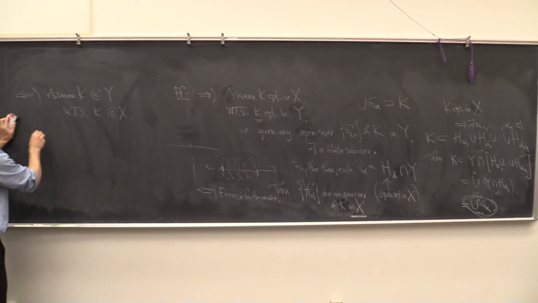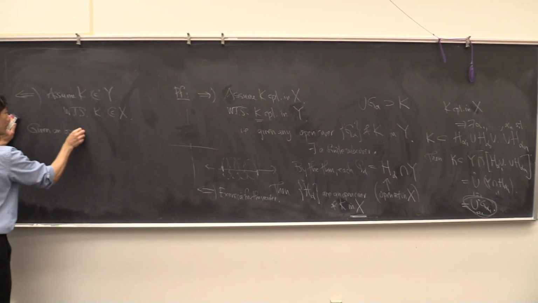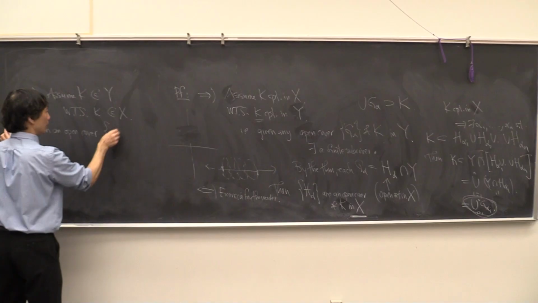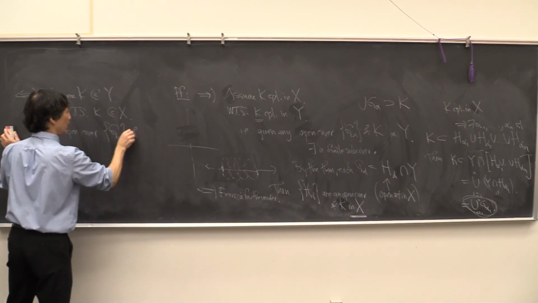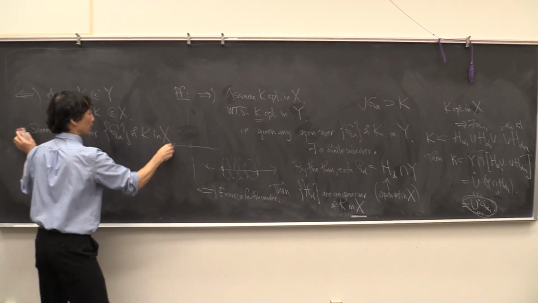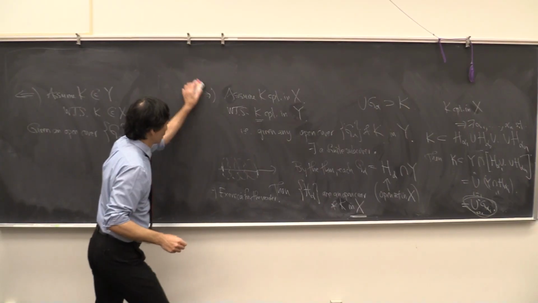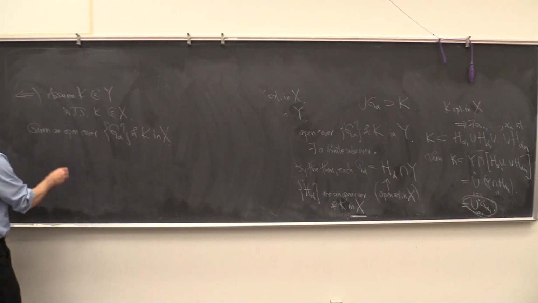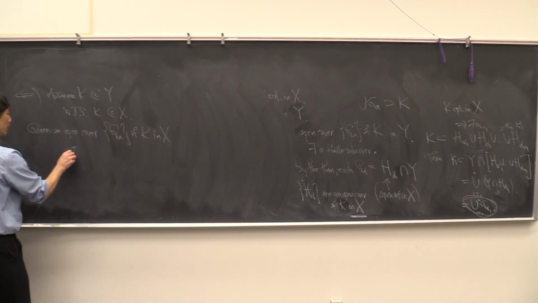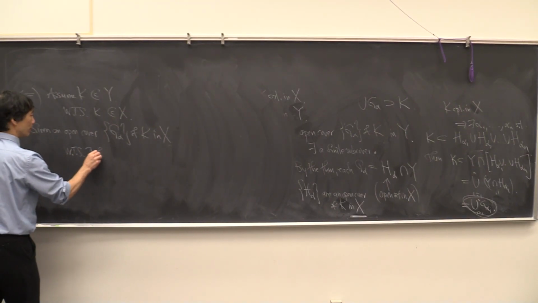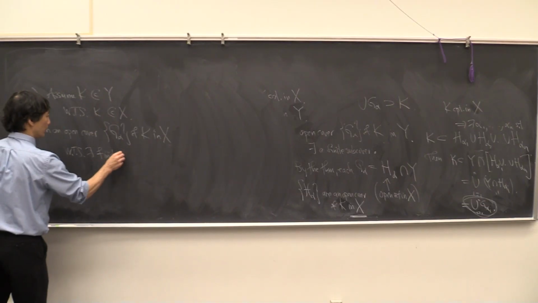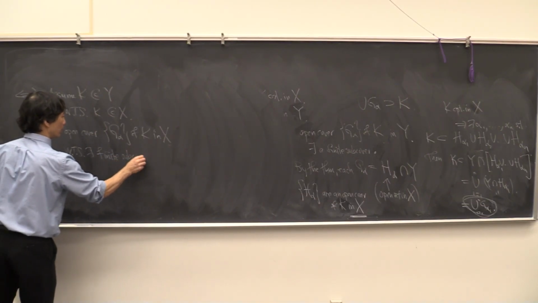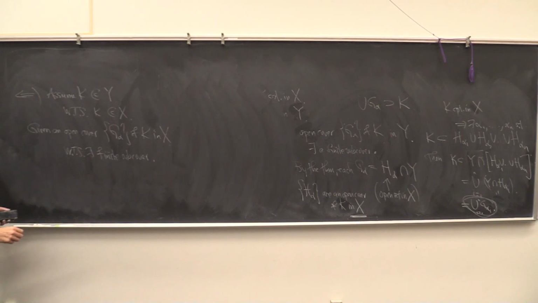That it's compact in X. So given an open cover of K in X, we want to show that there exists a finite subcover.